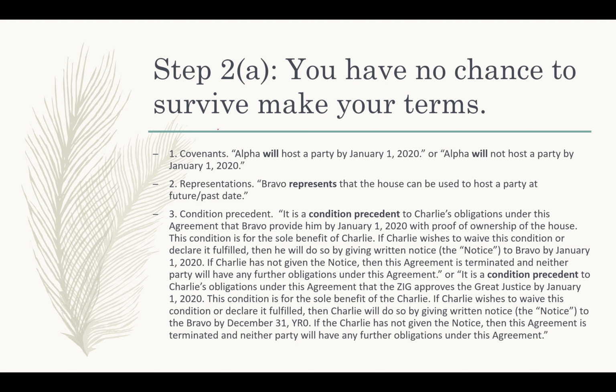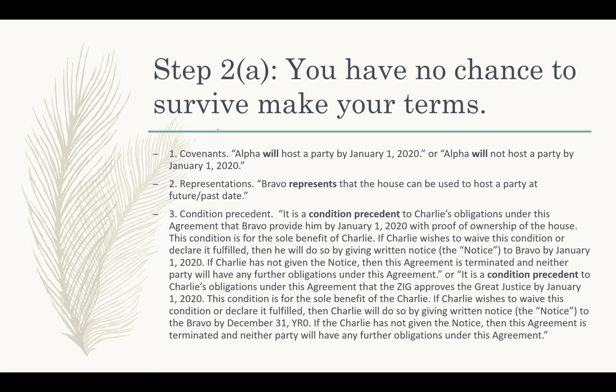So we go to the actual meat of the contract. We've got a whole bunch of different types, and you can have a look at the basic things on the screen, which are covenants, representations, and conditions.